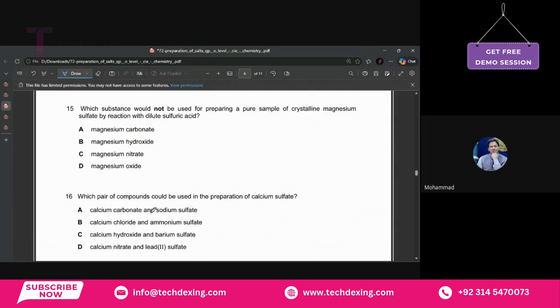It is magnesium nitrate. Option C. Very good, excellent. It's magnesium nitrate. And what is the reason?